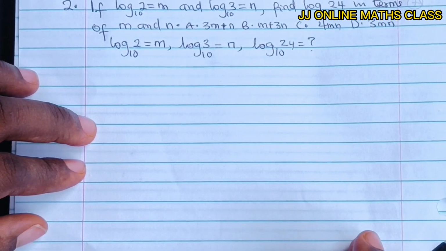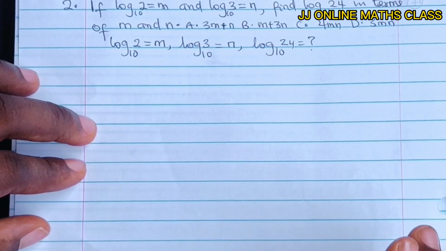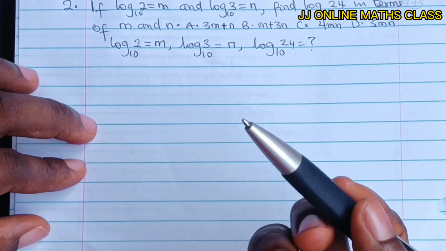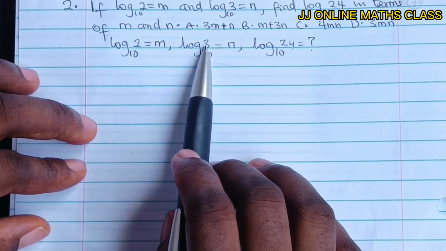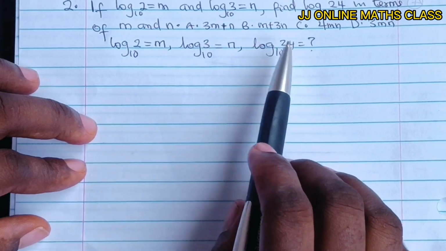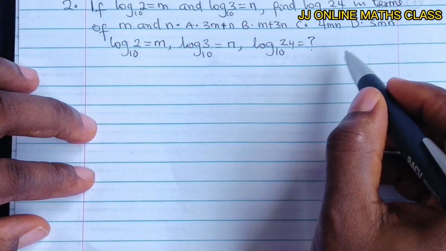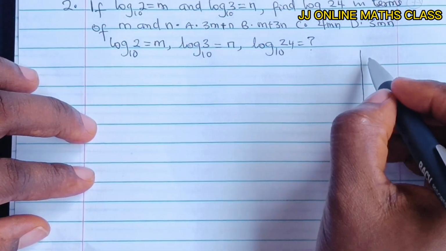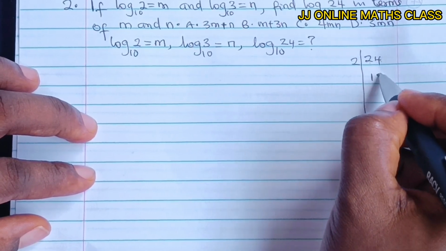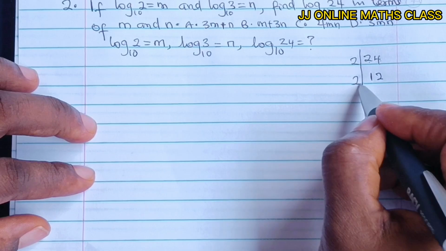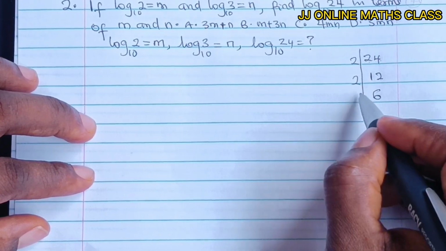All right, the first thing we need to know is that we need to factorize this 24 in terms of 2 and 3. And when we do that, this is 24. If 2 divides 24, we will have 12. If 2 divides 12, we will have 6.